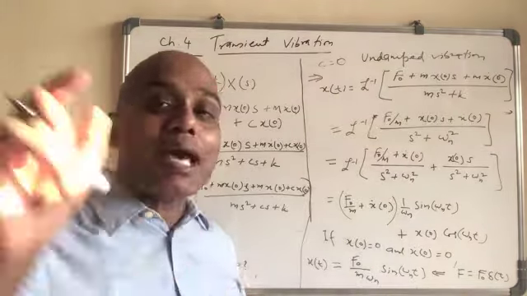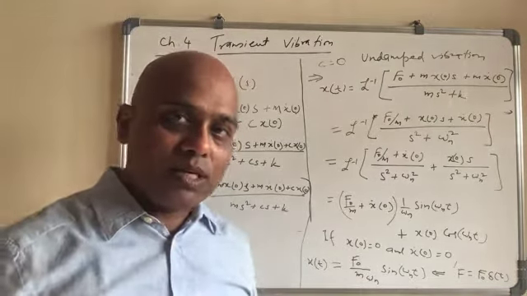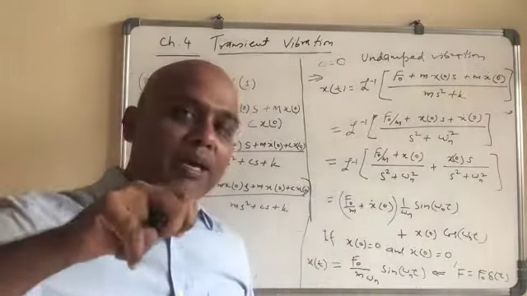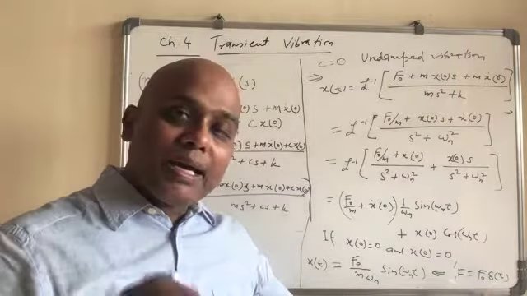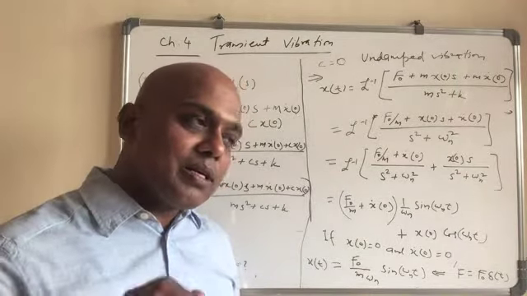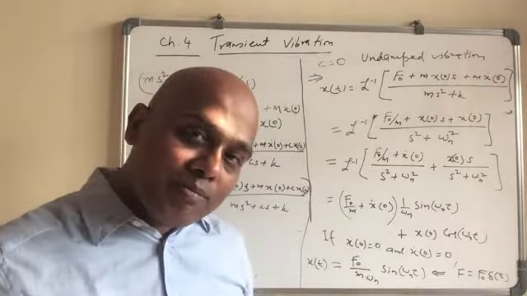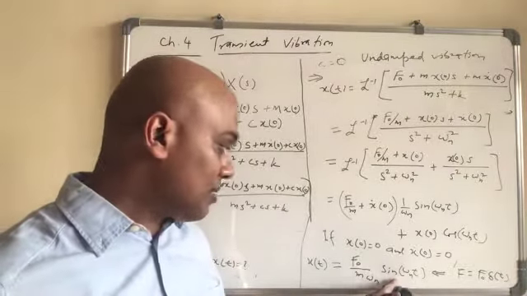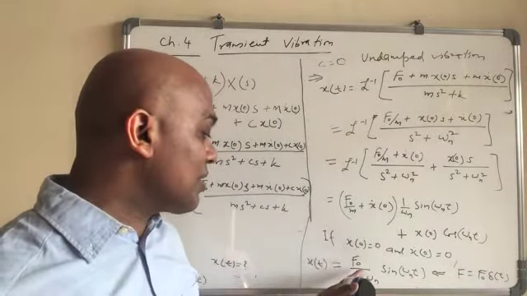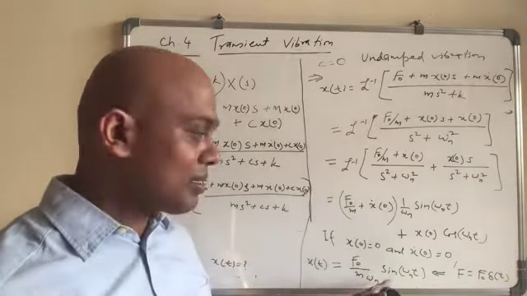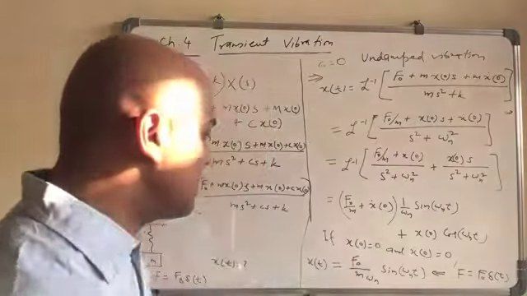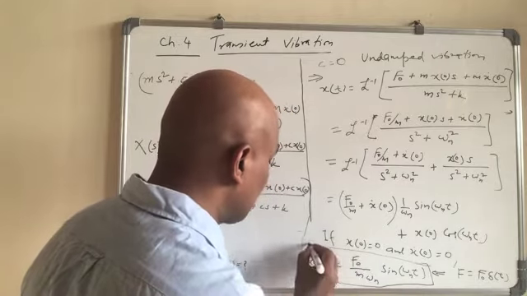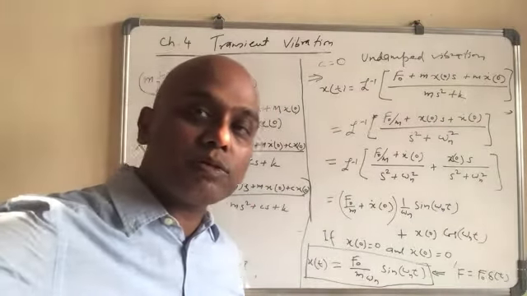That means there will be a sinusoidal vibration. A mass hanging from a spring, if you give a force F naught applied for a very small time, will automatically start a vibration whose amplitude is F naught divided by m omega n, times sine omega n t. So this is the response because of the impulse force.